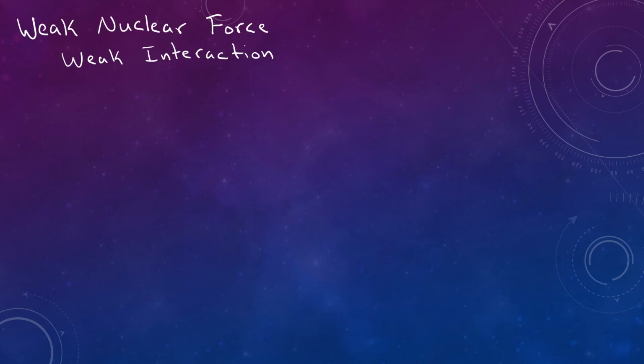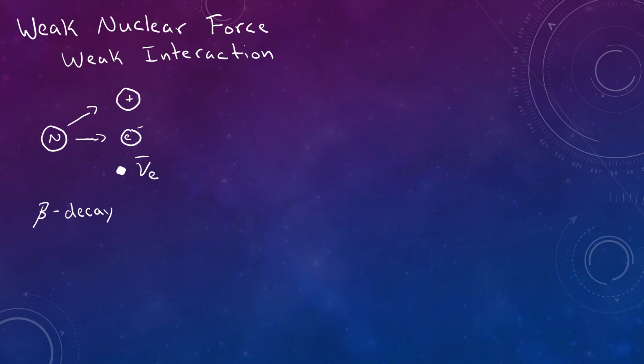So the last force that we'll look at is the weak nuclear force, or weak interaction. Now this force describes basically a form of radiation known as beta decay. And with this force, a neutron decays and becomes a proton and emits an electron or positron.